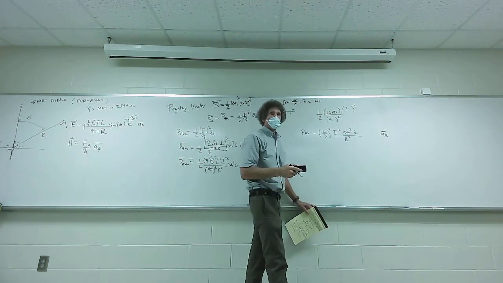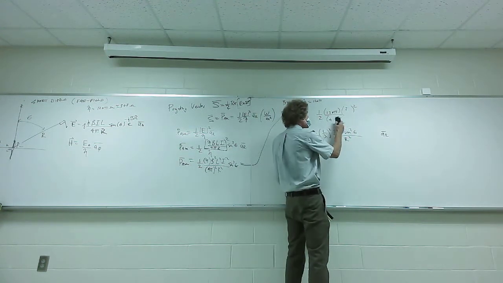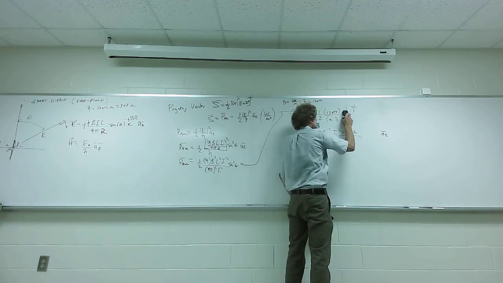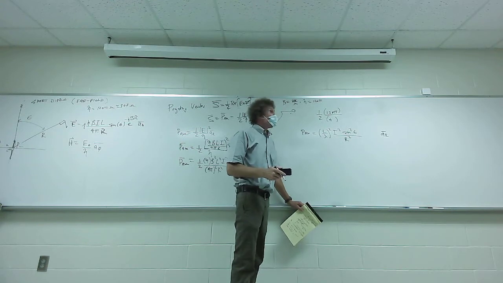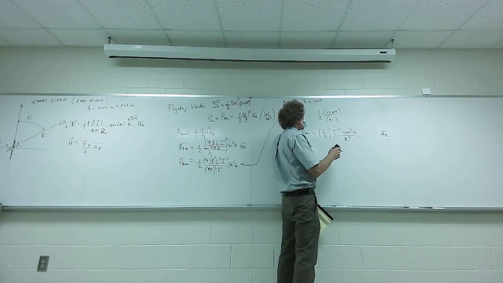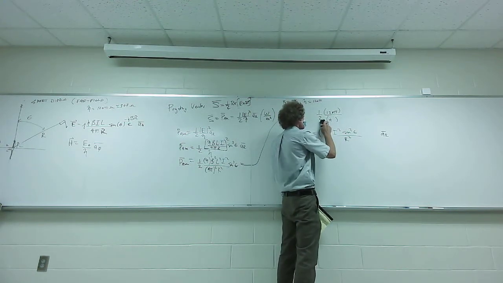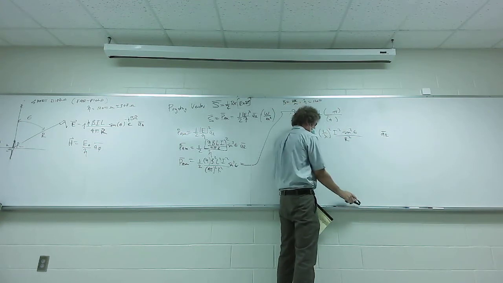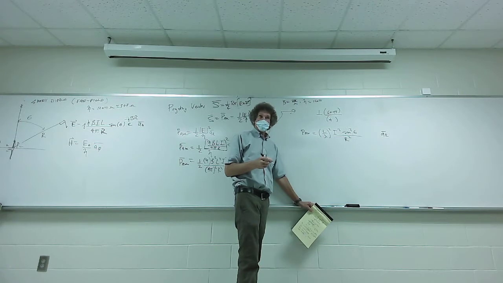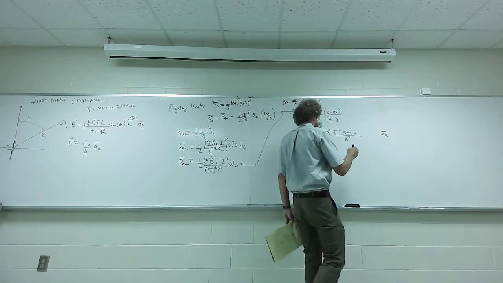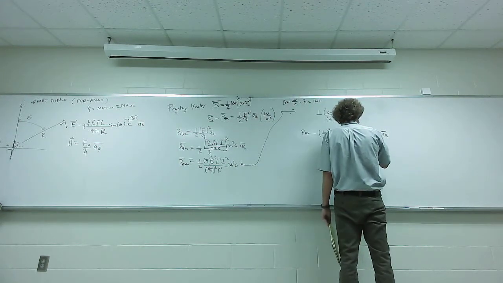Do you agree with that? Now I have 4 squared, but that's 4, so I get rid of this. With me? Now I take a look at what's left. Here I have 2 in the 120, that's 60, right? 60 by 4 is 15, 15 pi. That's the one thing I was trying to do.